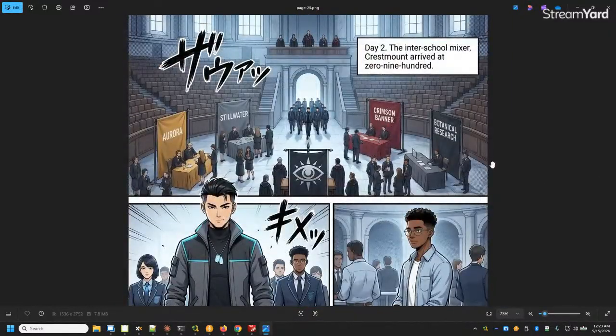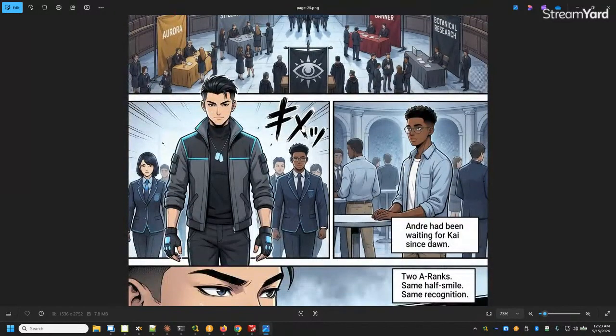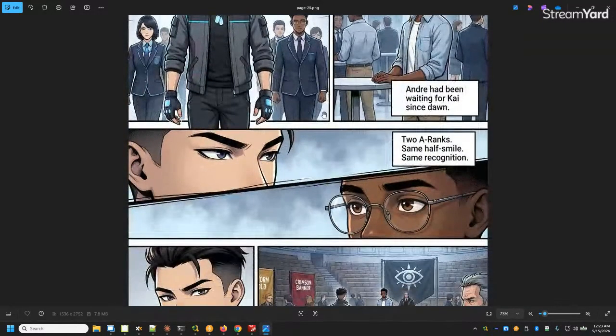Day two, the inner school mixer. Crestmont arrived at 0900, and there is Kai Reyes. Andre had been waiting for Kai since dawn. And again, it's just like Brandon, Kai knows something is up because we've seen you grow a branch to a whole ass tree, a poisonous tree, an extremely potent tree.